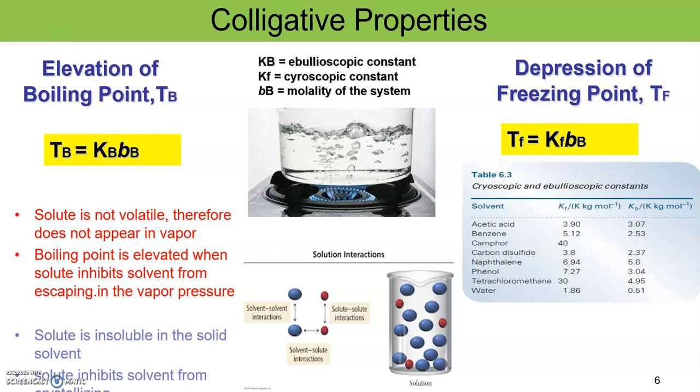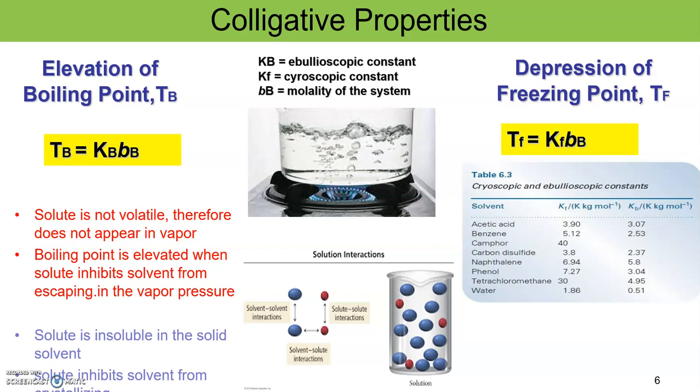So why does this happen? Because when we add a foreign element, in this case a solute, in the solvent, we will have another process. If we have only water in our solution, we have only water-water interaction.